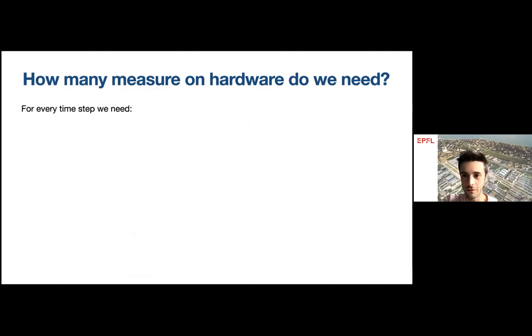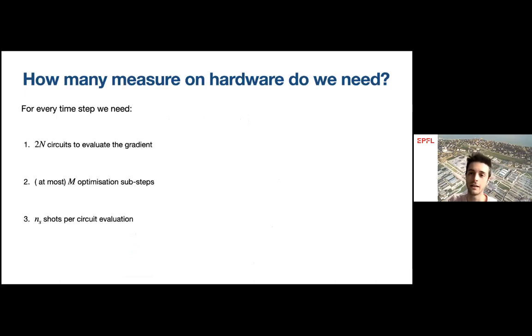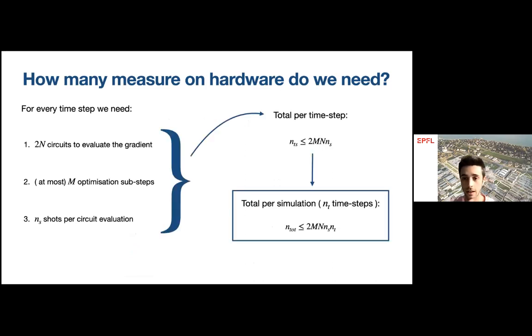But we do not invert it, so we want to know how many evaluations of quantum circuits we have to do. We have 2n circuits to evaluate the gradient, m optimization substeps at most, and a number n_s of shots per circuit evaluation. So a total number of circuit evaluations that is less than 2nm·n_s, which scales linearly with the number of parameters, if m does not depend on n.